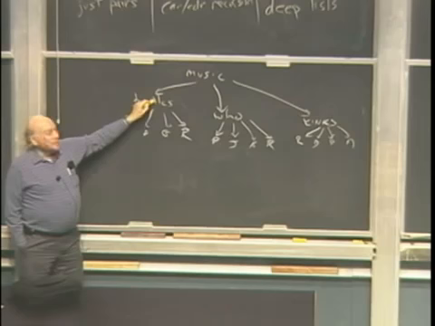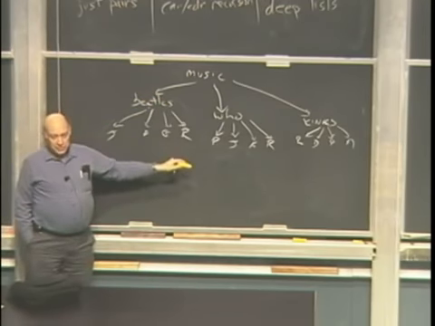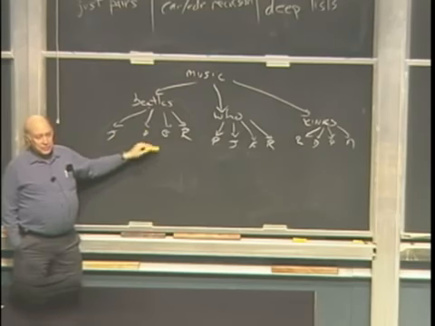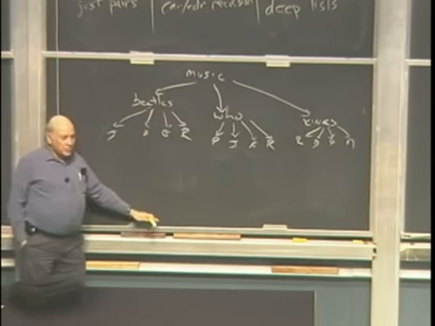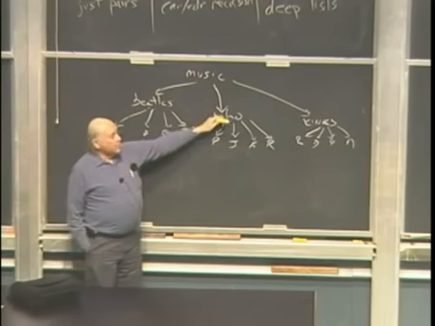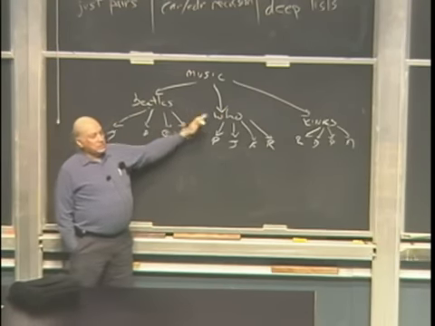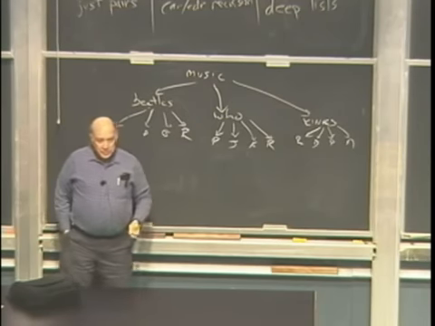So the datum at this child, I'm going to print Beatles, then I'm going to print John and Paul and George and Ringo. And then when I'm complete, and if some of these had grandchildren, I would print them too. Then when I'm totally finished with this tree, then I move on to the next sibling. So it goes down before it goes sideways. That's why it's called depth first tree traversal.